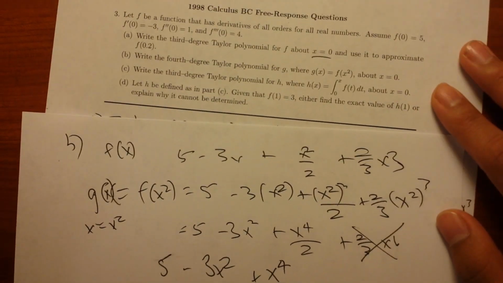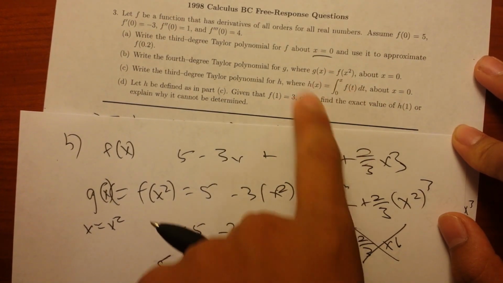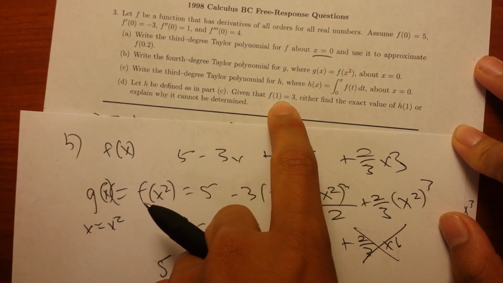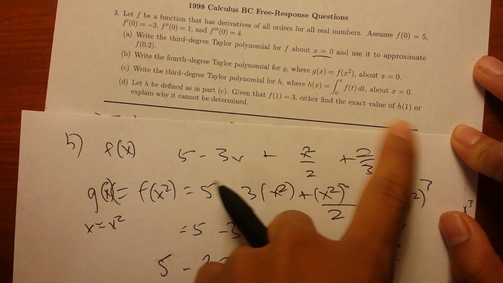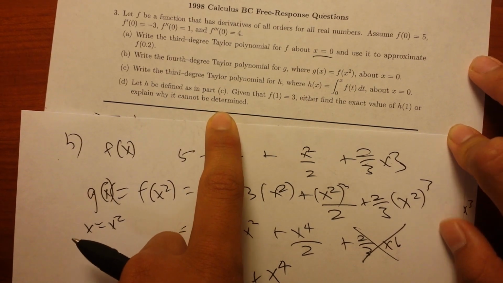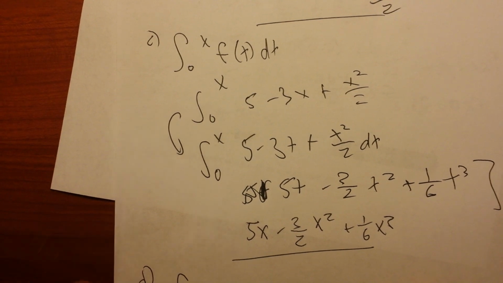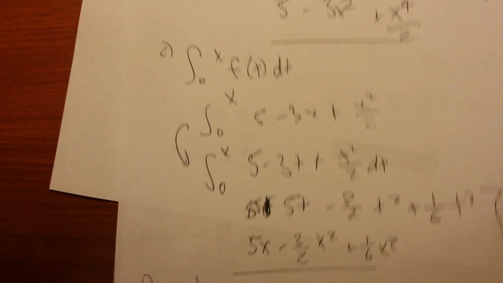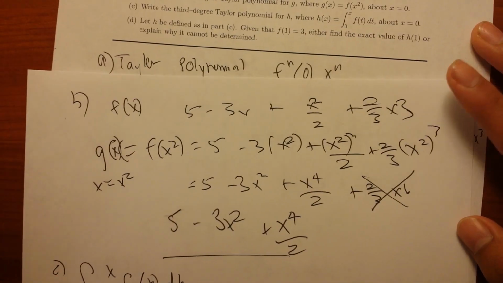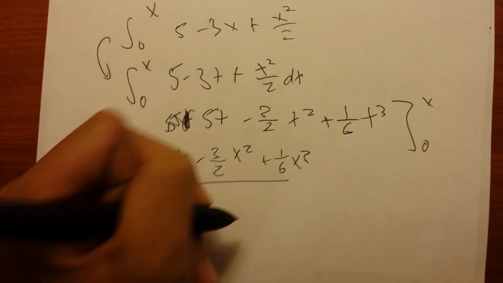Now, part D says, let h be defined as in part C, as in the integral. Given that f of 1 equals 3, either find the exact value of h of 1, or explain why it cannot be determined. So we're simply asked to find the integral from 0 to 1 of f of t dt. Now, this seems like a pretty simple problem, but we don't have enough information to solve it. It actually cannot be determined.